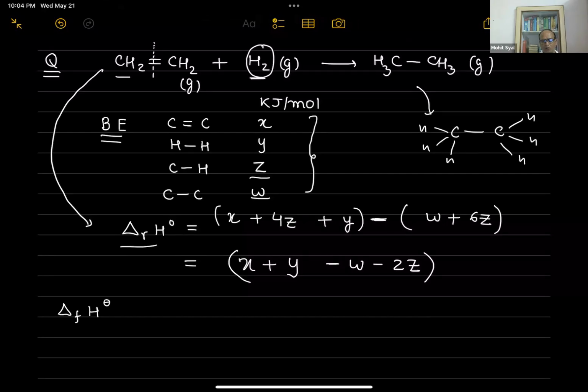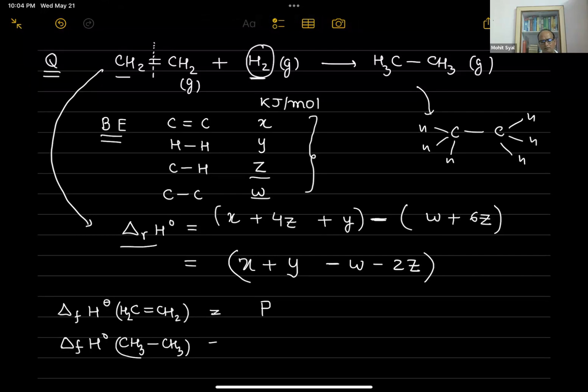The standard enthalpy of formation of ethene is P. The standard enthalpy of formation of ethane is Q. What is the standard enthalpy of formation of hydrogen?